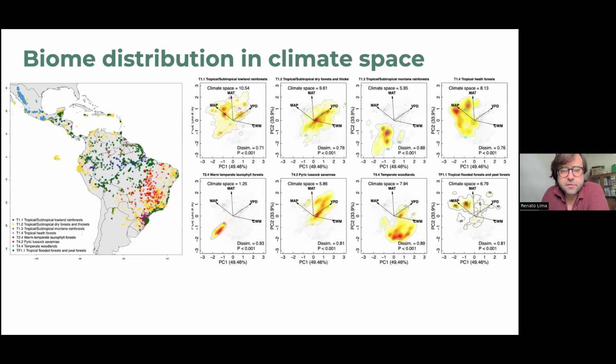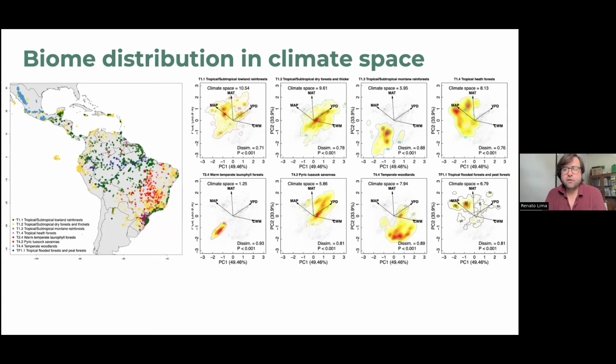And here is a nice representation of each of those biomes, which we're using as a grouping variable in our analysis, in the climate space as well. So we can see that rainforests really have more annual precipitation and higher annual temperature than montane forests or temperate woodlands, which are more in Central America, where we have more of a temperate component for species composition as well.